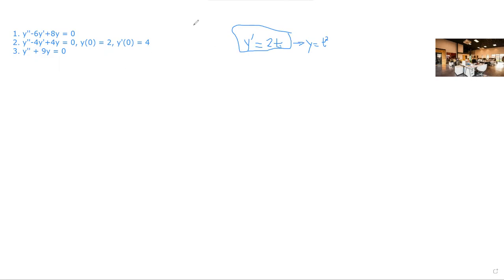So the first type of differential equations I want to show you has a certain characteristic. What happened? I accidentally erased it.